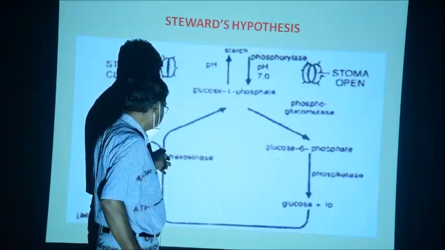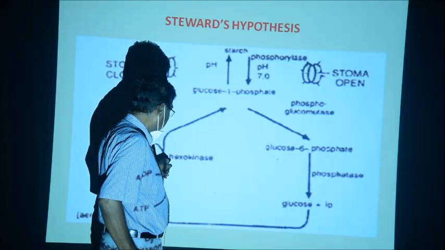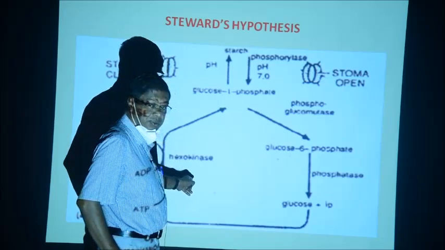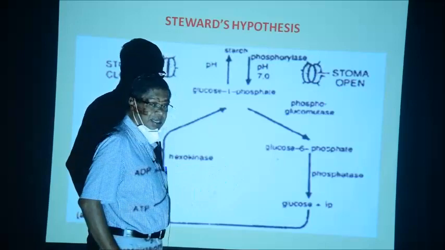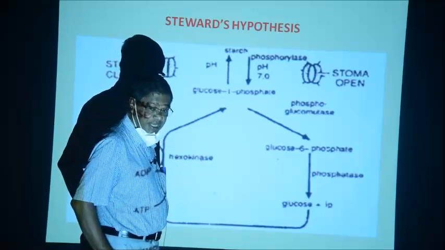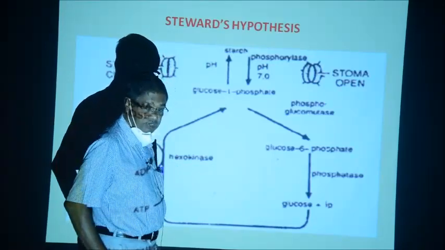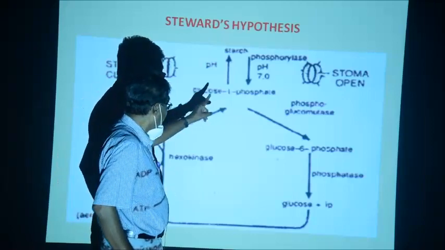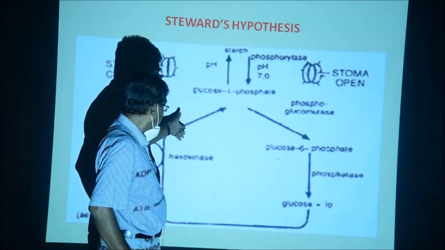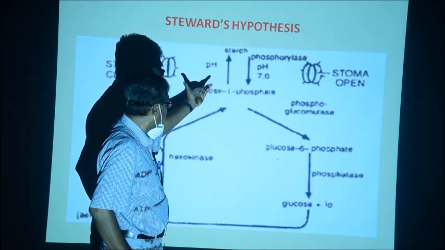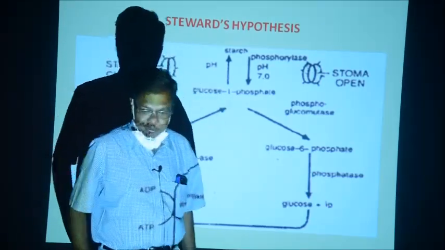And during night, at pH 4 point something, because of increase in carbon dioxide, which is not used in photosynthesis, the phosphorylase enzyme converts glucose 1-phosphate to starch again.